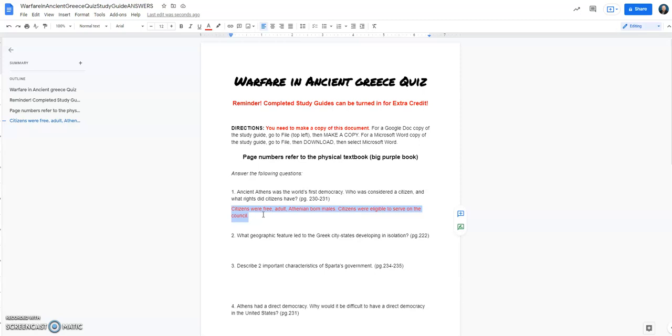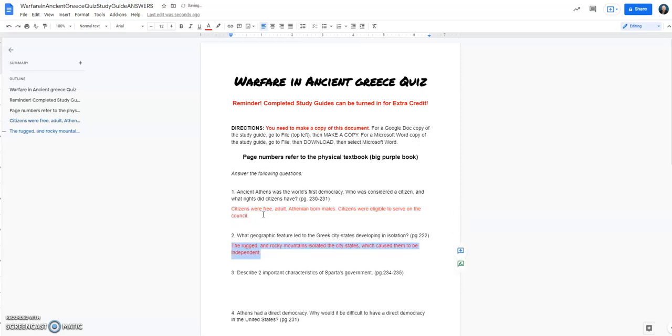Question number 2, what geographic feature led to the Greek city-states developing in isolation? The rugged and rocky mountains isolated the city-states, which caused them to be independent. If you see the topography of Greece, it is, like the answer says, very rocky, very rugged, not a lot of open space. So the city-states developed isolated from each other because it was hard to get from one city-state to the next, crossing these rocky, rugged mountains.